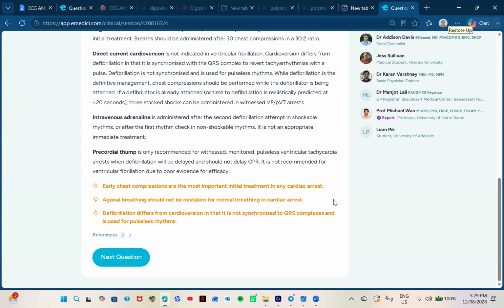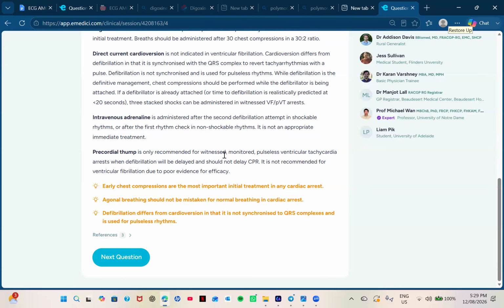You have to start high quality CPR, not just CPR, high quality CPR. That is the most important thing to save their life. Then, because you have called for help, once they are available, you can think about giving DC shocks. I'm just explaining the very basic things.